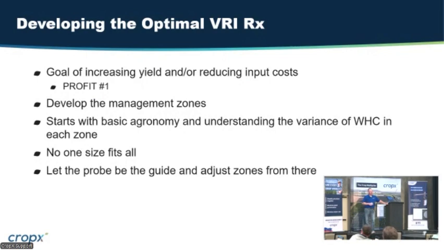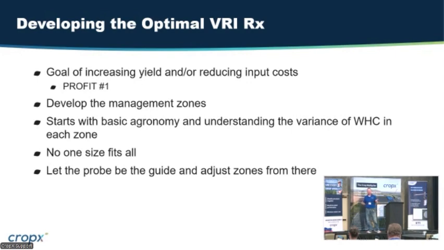When we look at developing that optimal VRI prescription, this is where I'm going to dive into the nuts and bolts so you understand the reasoning behind the prescription process. The question always comes up: is my goal increasing yield, or is it improving my water use efficiency? Ultimately, it's probably a combination of both, but profitability is always number one for that grower.